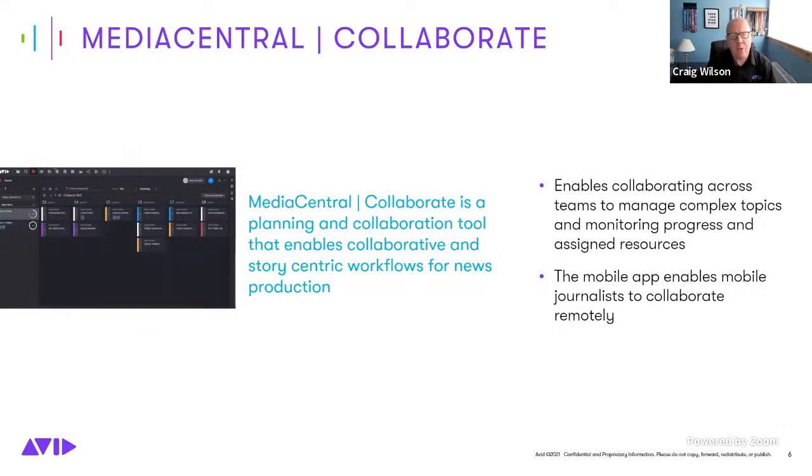And really what MediaCentral Collaborate provides is a single place where you can begin to see everything that's related to a story, whether that is someone being tasked to go and film a story, for example, or someone putting together a piece that's for social, or someone putting together a piece that's for online. And it's really helping these teams work together. Also really important is that it's available not just in the building, it's also available outside of the building as well, because it's available on mobile, but we'll talk a little bit more about that in a little while.